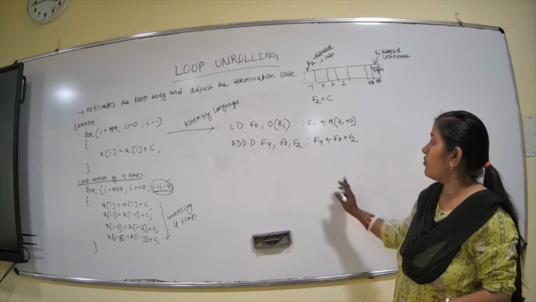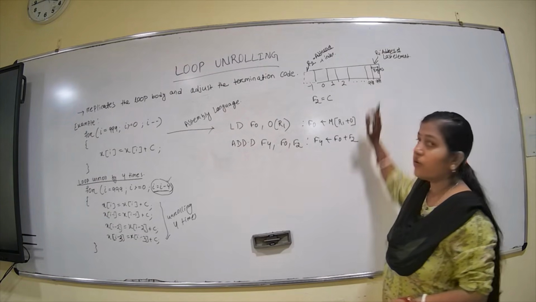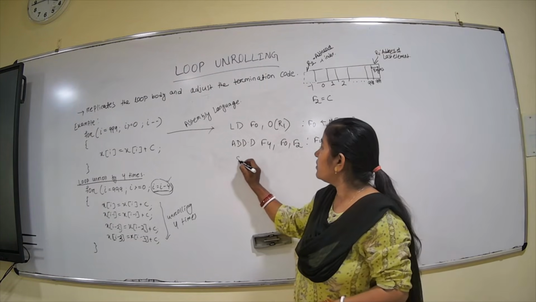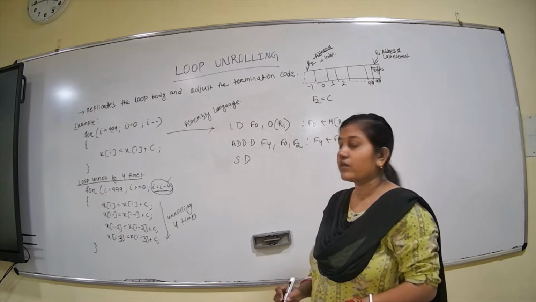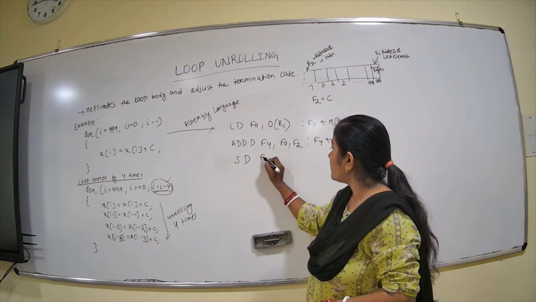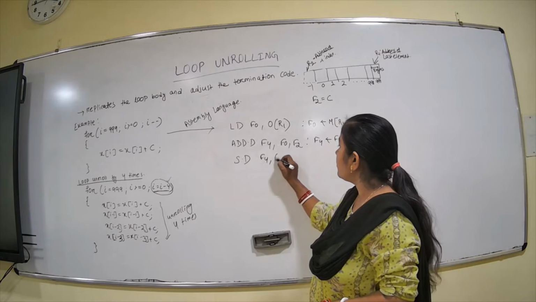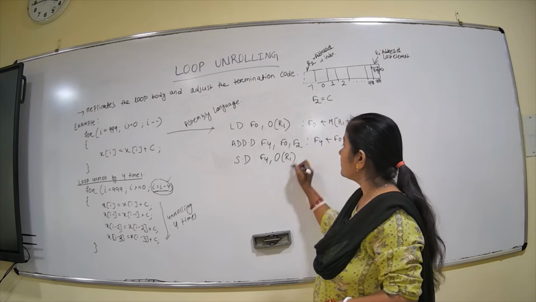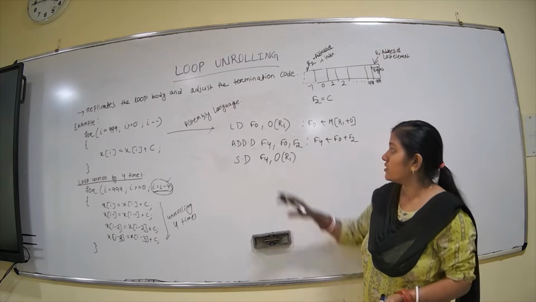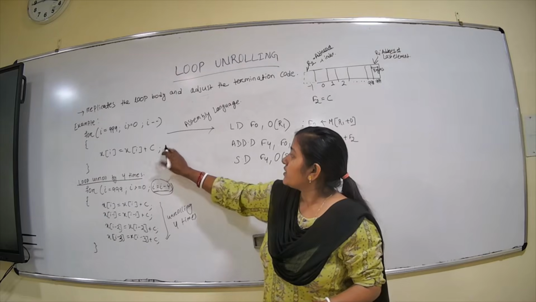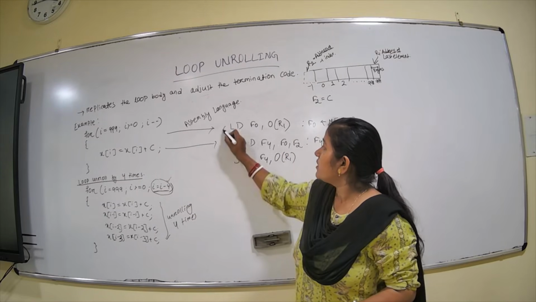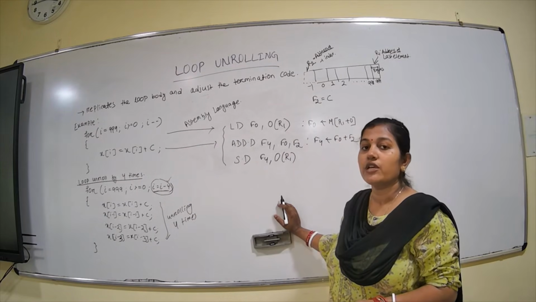Next, I want to store this result back into that location. Store double: the result present in F4 goes into memory location 0(R1). So for this single statement, you write these three assembly instructions.